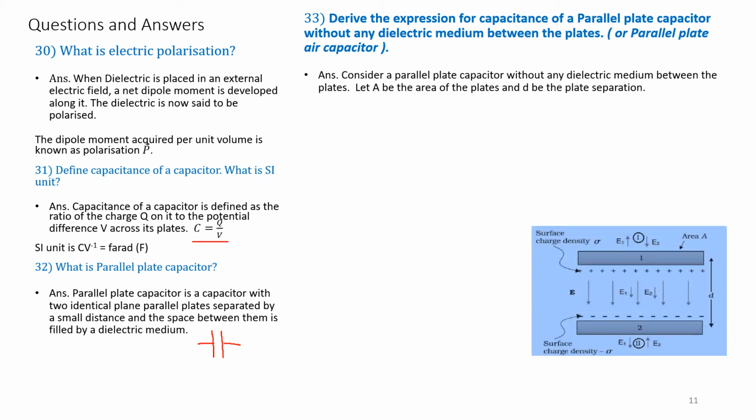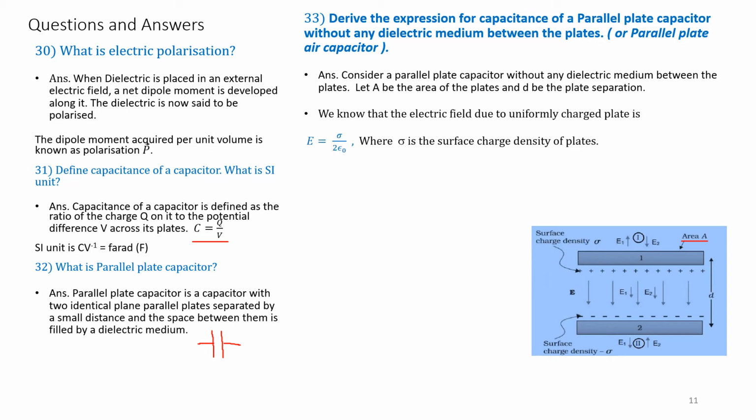This is one plate and this is another plate, plate 1 and plate 2. The distance between the two plates is d, the area of each plate is A, and d is the plate separation.